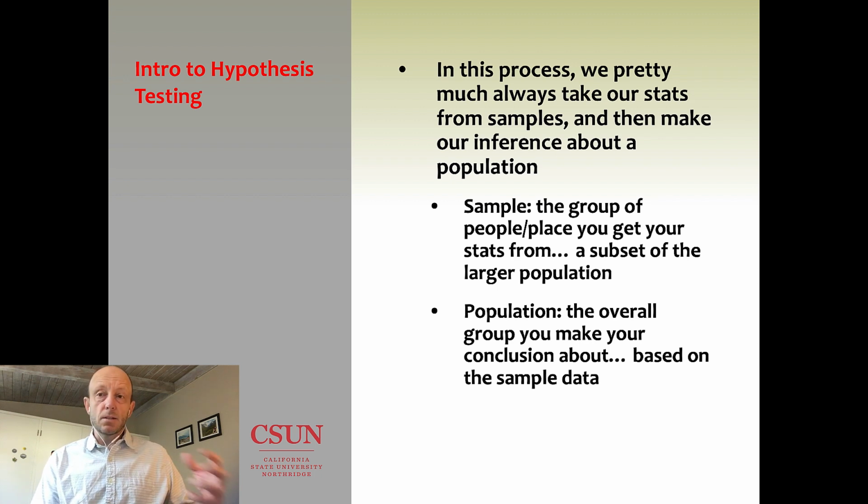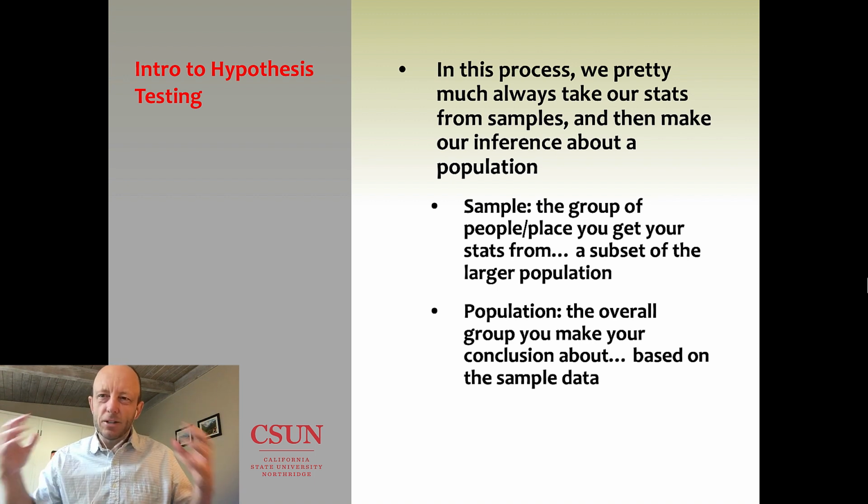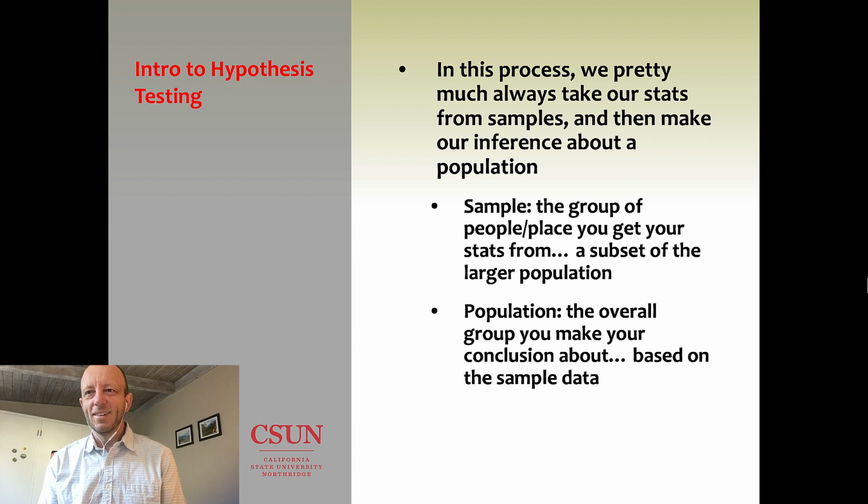So samples and populations I mentioned. Typically, the statistics come from a sample. Like, let's say we want to measure motivation in college students. We typically don't try to find every single college student in the world to sample on their motivation. We could try. It would probably not work.